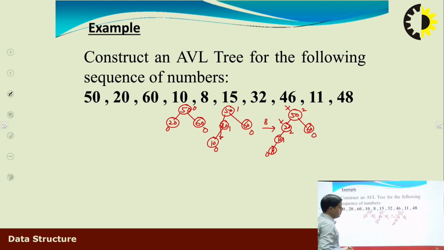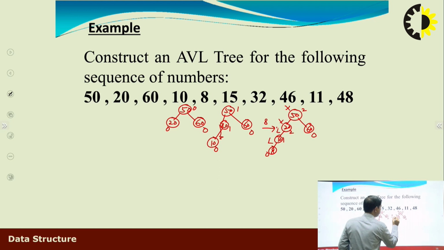Always for balancing, we follow the bottom-up approach. That means first of all, we will rotate the tree at node number 20. Our tree is imbalanced after insertion of value 8. From that node, we will go to that side node, that is the left child of this, and this is left of 10. We are getting 2L.